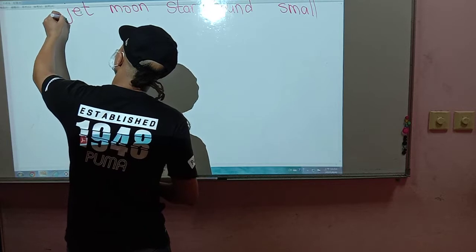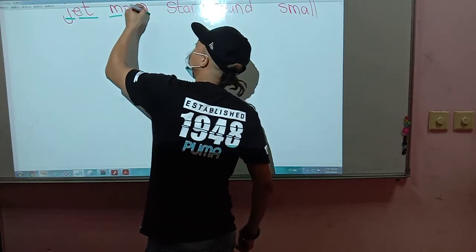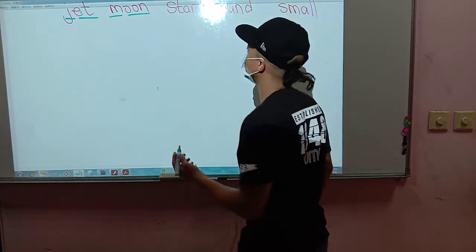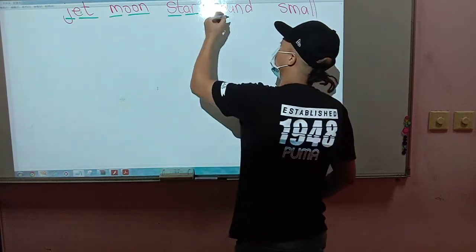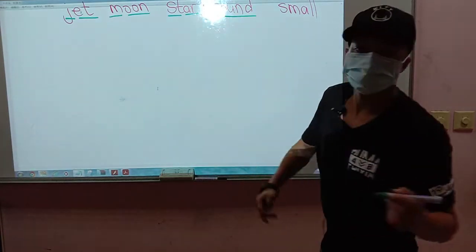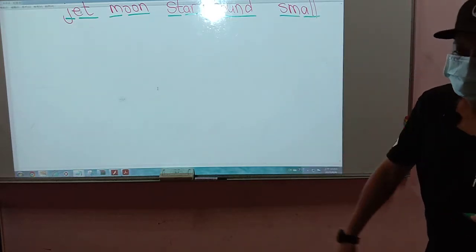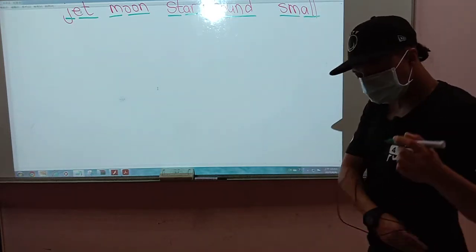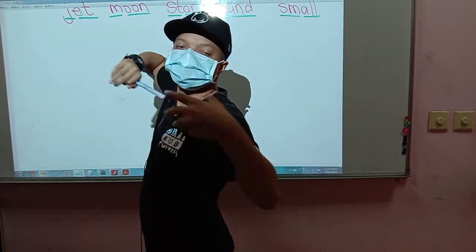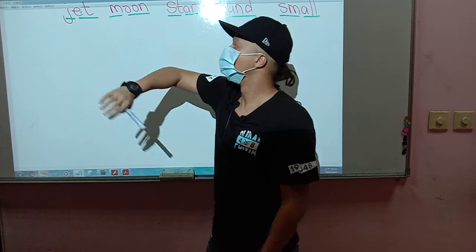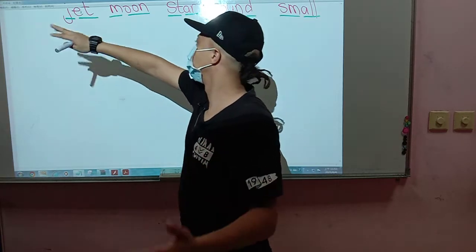Alright, so let's look at the sound. So jet, moon, star, round, and small. Okay, so boys and girls, let's practice again. And can you please say it with me? Alright, so jet. Let's go. Jet.